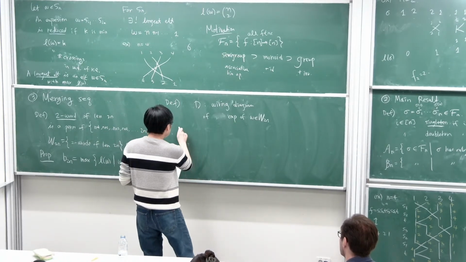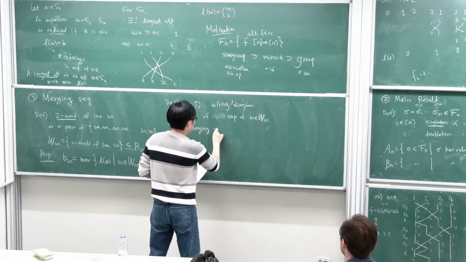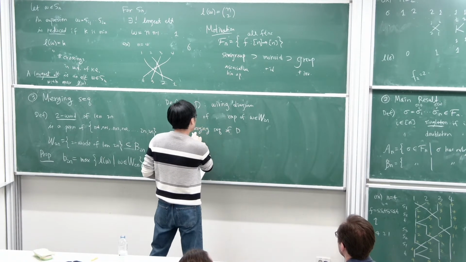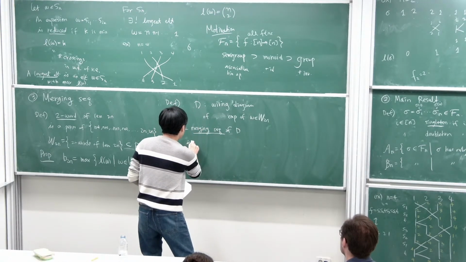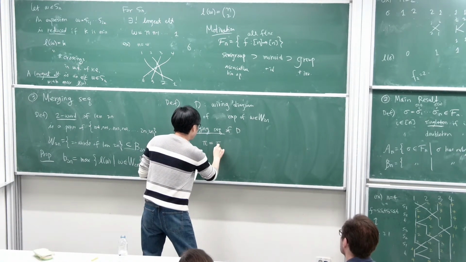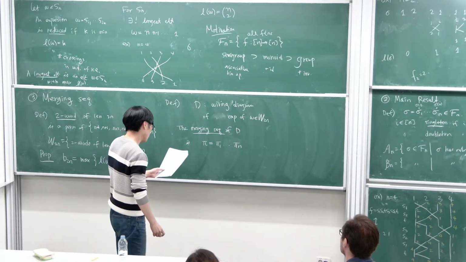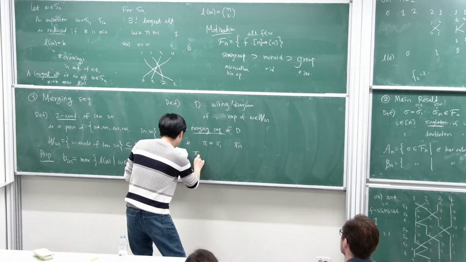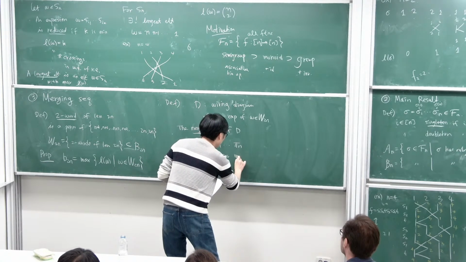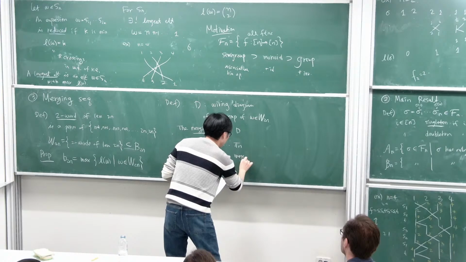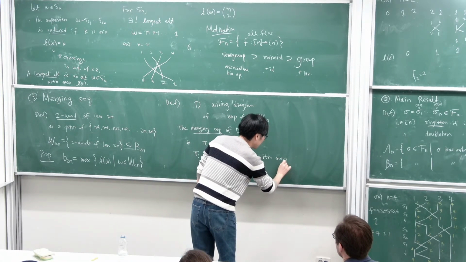The merging sequence of this wiring diagram is just a permutation pi_1 through pi_n, where there are always n merges, and pi_i is the integer merged at the ith merging step. Let me explain this using a diagram.